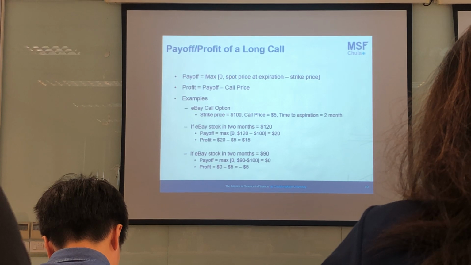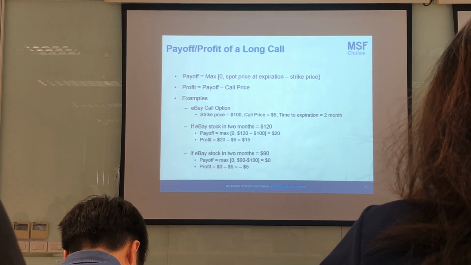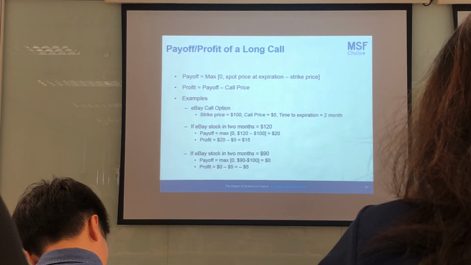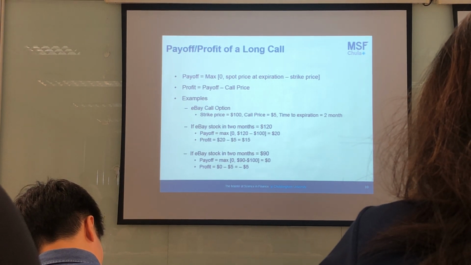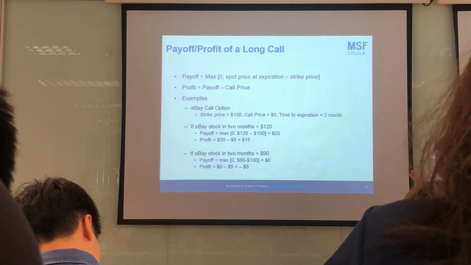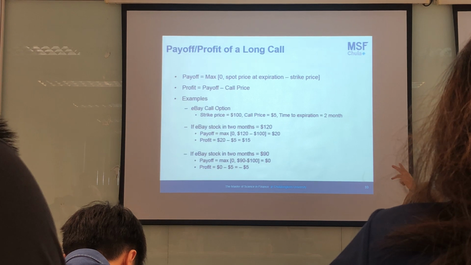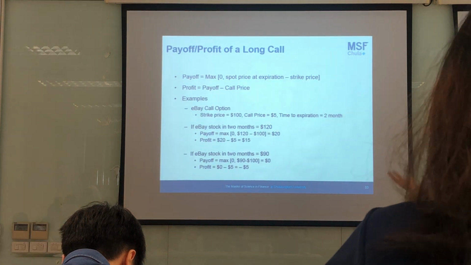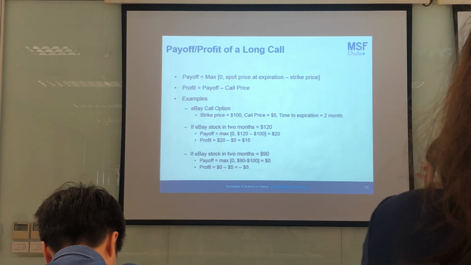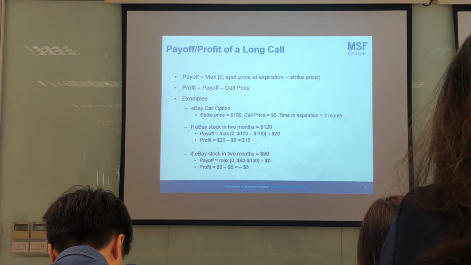We still ignore the call premium, the price we pay for having the option. If we incorporate the cost we pay for the option, it will be the profit, the net one. The second bullet: the profit is the value of the call at expiration minus the cost of paying for the call, the call price or call premium.